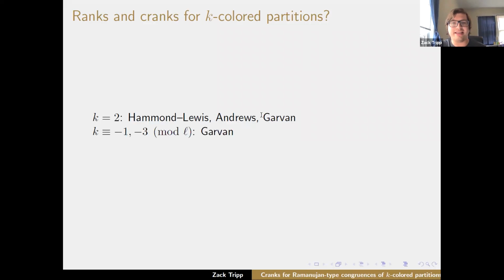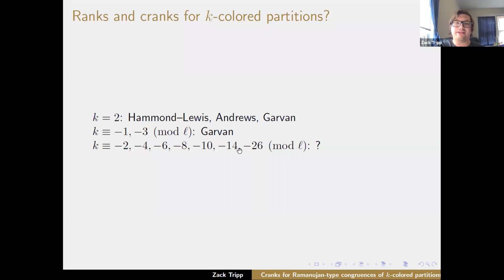Then Garvan extends this birank and also talks about rank for some of these congruences when k+1 and k+3 are divisible by L. Again, the key thing in his work is that Euler's pentagonal number theorem and the Jacobi triple product, these sum-to-product formulas, are really what he uses to find these.